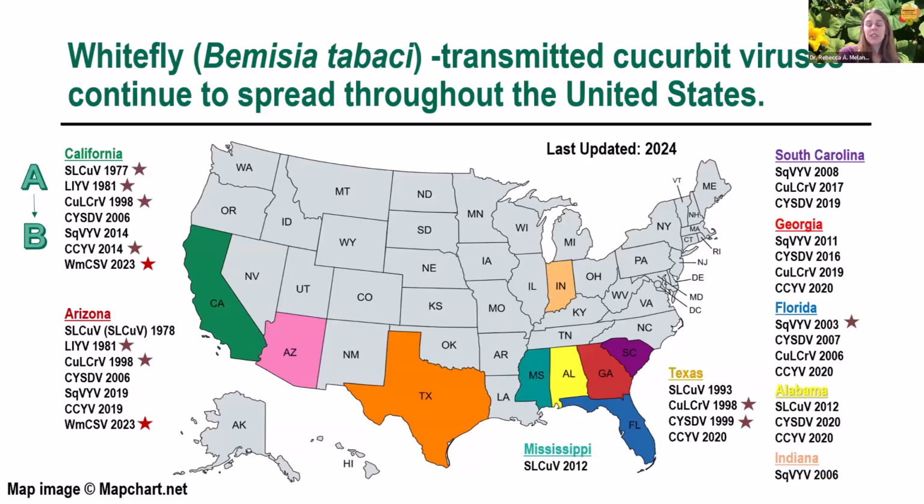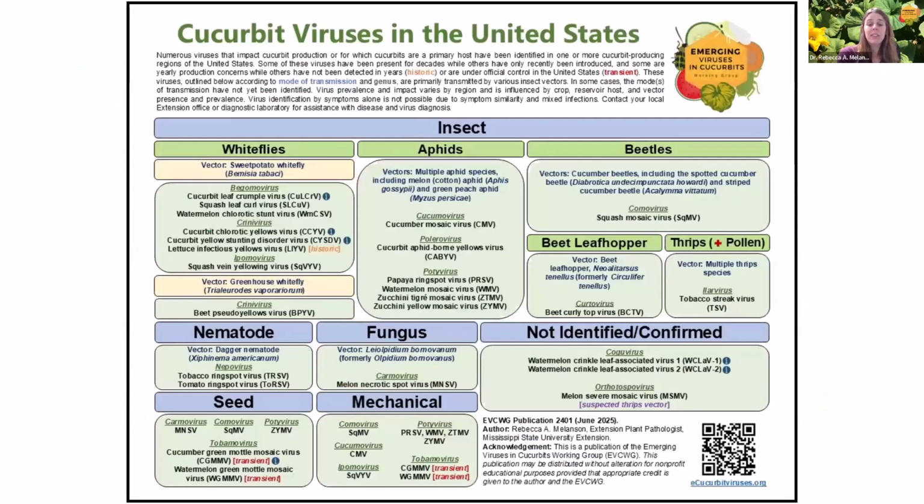So what you've seen is that once you have a virus that is introduced or described in one region, within a few years, it seems to quickly spread to other regions of the US. So that's just an example. This is a publication that we have on the EVCWG webpage that groups the viruses based on their modes of transmission.